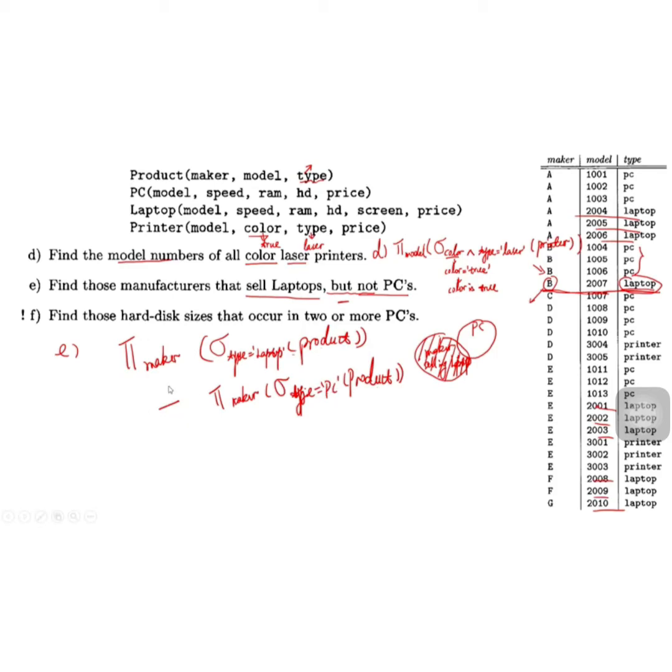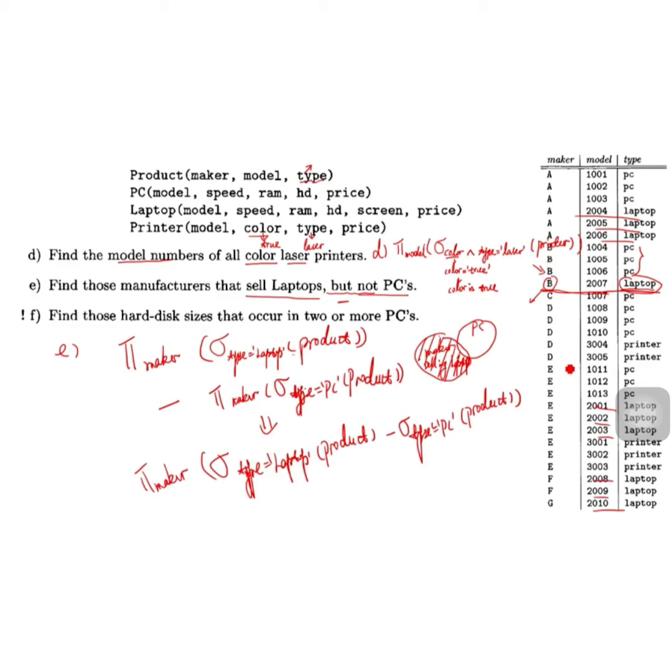Difference. And know that the operand of difference must have the same schema. Maker, okay, is correct. And some of you give me this answer: type laptop, product, type PC, product, and then projection.